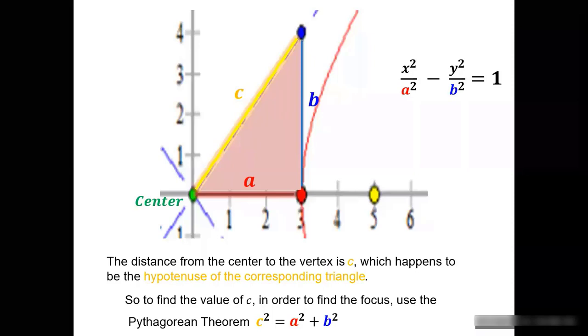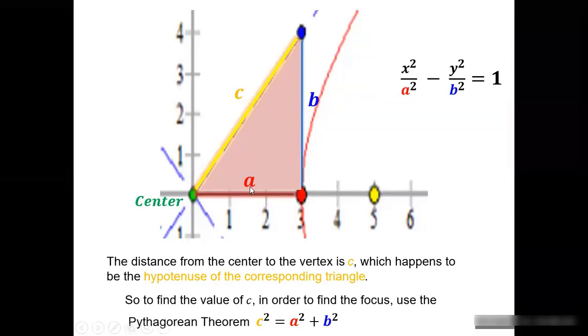the value of c. So we should realize that a squared plus b squared is equal to the hypotenuse squared. And therefore, we've got an equation that involves the values underneath the x and the y, which are a and b, but it also involves the c value, which is what we needed.